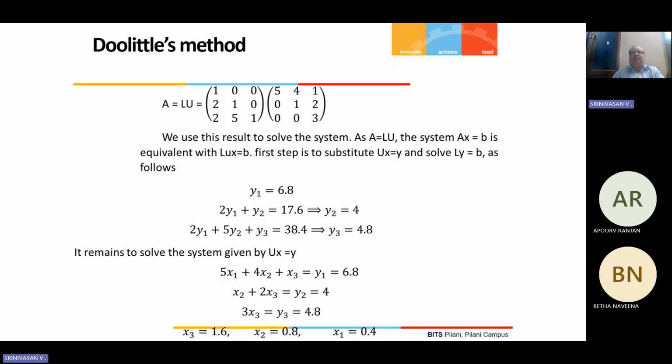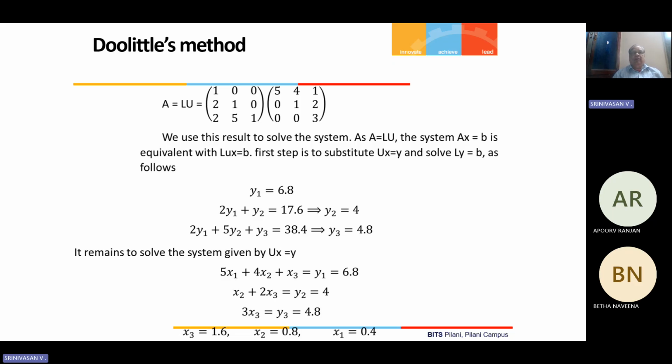So now it is actually back substitution, isn't it? So when you have 3x3 equal to 4.8, x3 will be 1.6. Substituting this as 1.6, you get 3.2. So x2 is 4 minus 3.2, 0.8. And 5x1 plus 4 into x2, 3.2, plus 1.6, 4.8. 6.8 minus 4.8 is 2.